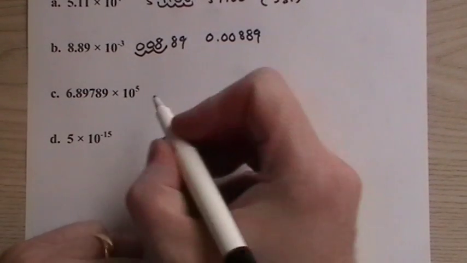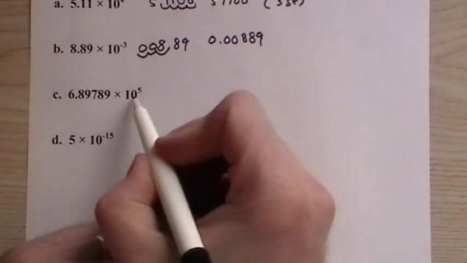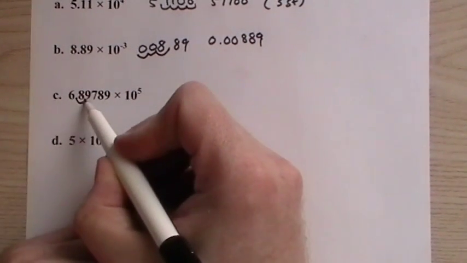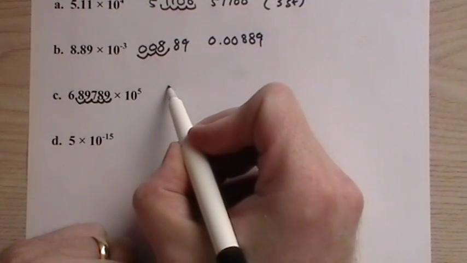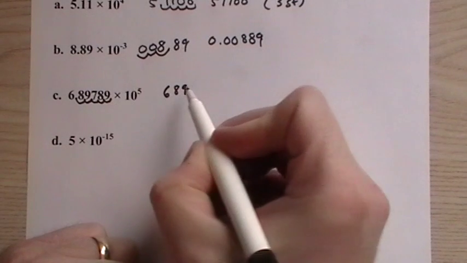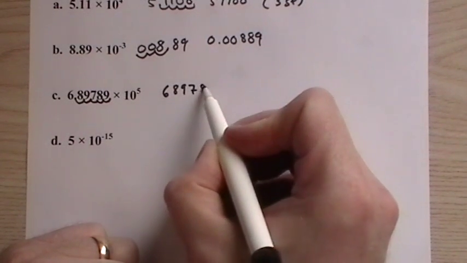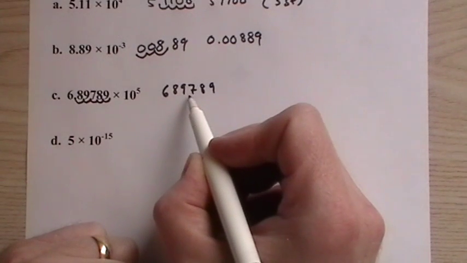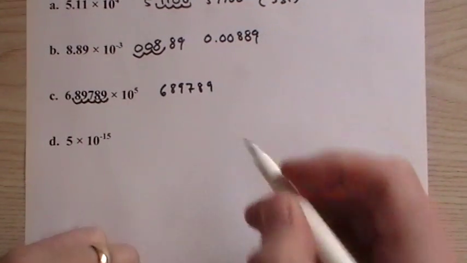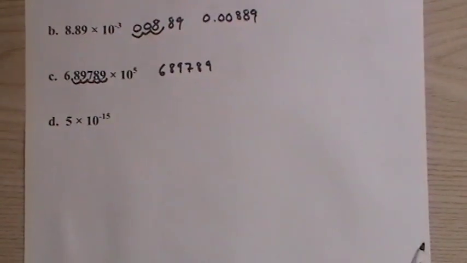And then I'm just going to use it from here since we have 10 to the 5th, so it's going to be 1, 2, 3, 4, 5. Okay, so 6, 8, 9, 7, 8, 9. Is that right? Yep, okay. And then 5 times 10 to the minus 15.